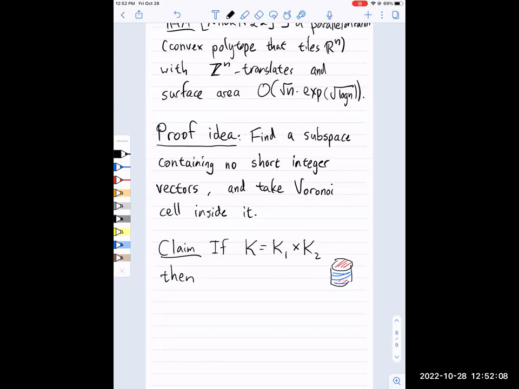So what I claim is this, that the surface area of K is the surface area of K1 times the volume of K2 plus the other way, the volume of K1 times the surface area of K2.